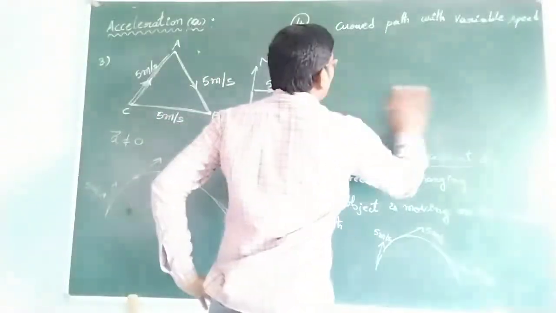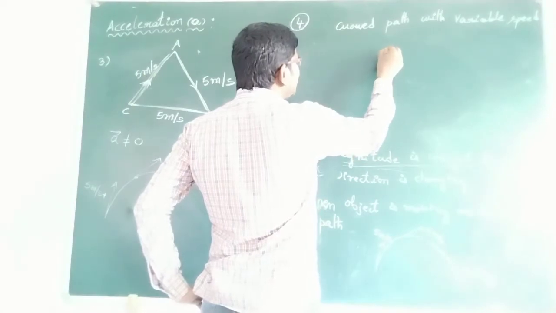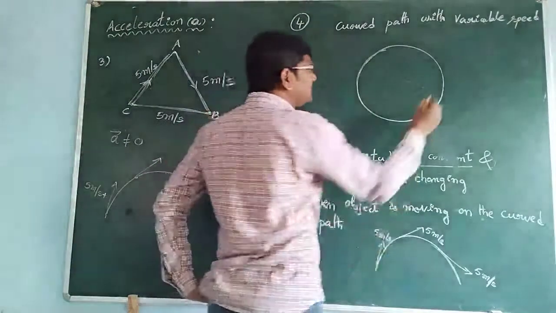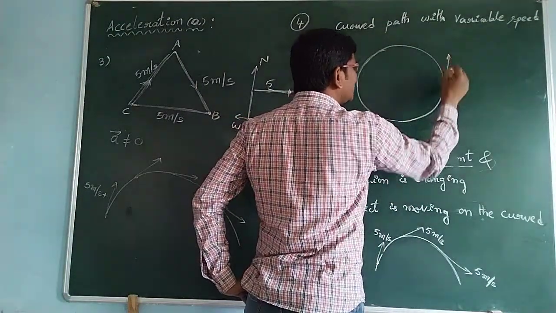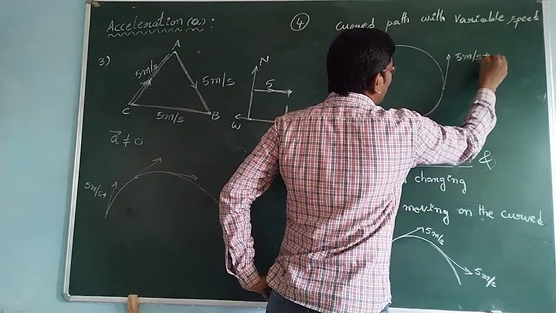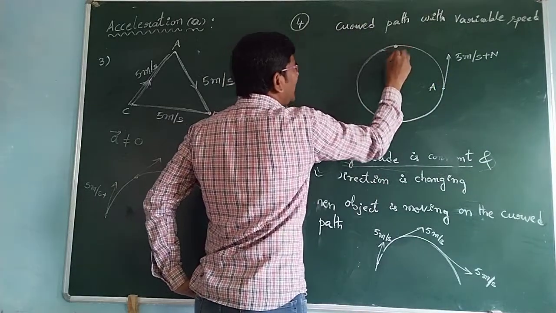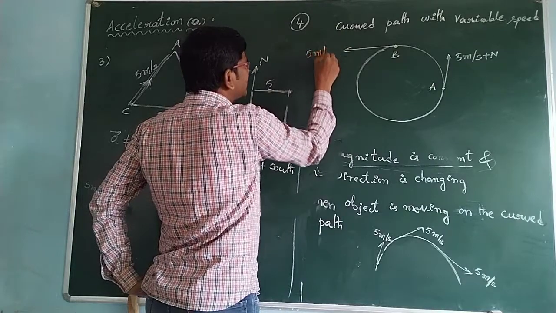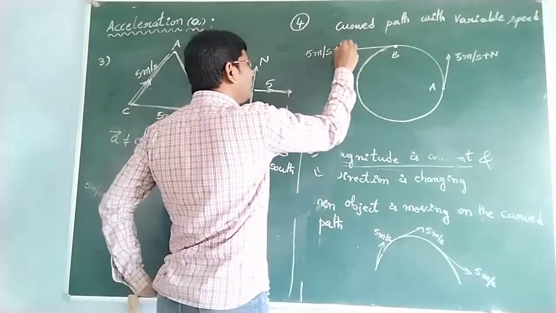See, the object is moving on a curved path, or a circular path I am taking. Here I consider the speed at this instant is 5 meters per second along north. That is at the point A, and at the point B I am writing 5 meters per second along west.